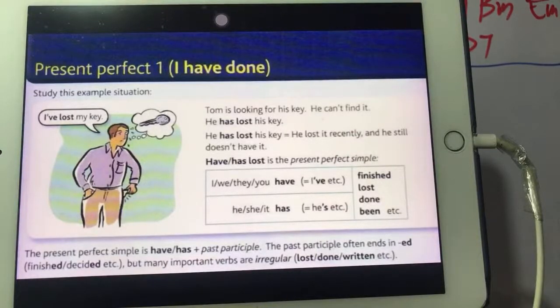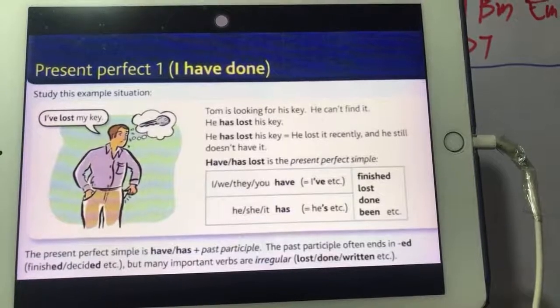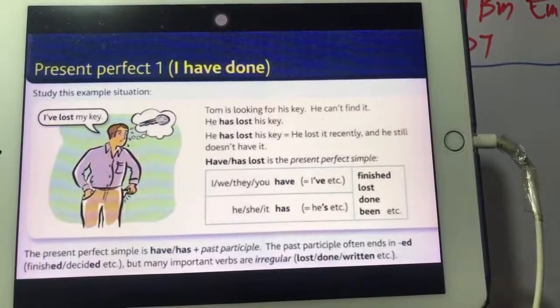Please read it. Okay, so you have here an example. I've lost my key. So what does it mean, Mizuki?